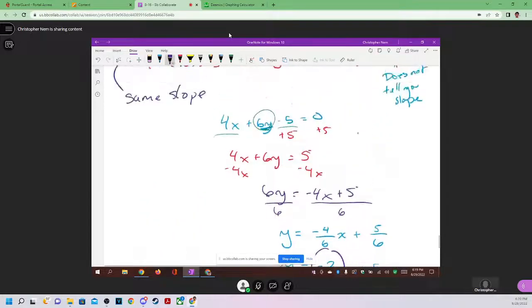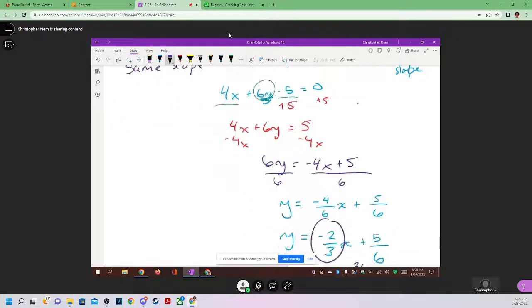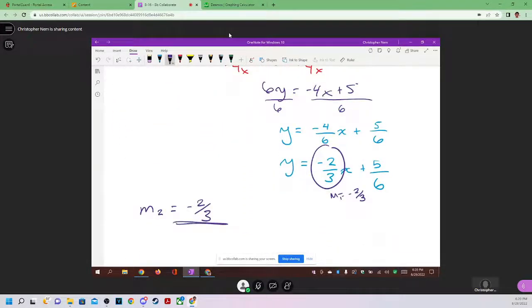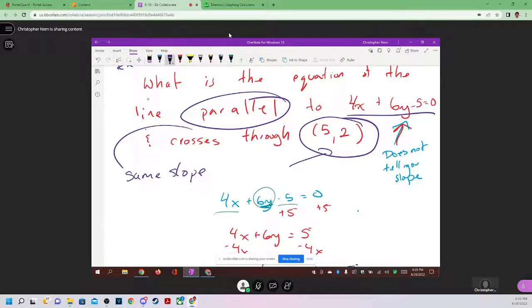Now, it needs to also pass through this point. I didn't use this guy at all through my entire problem. So how can I write the equation of the line parallel to the other line right here, but it also crosses through the point? Well, think about it. I finally have a slope. Great. What else do I have that I didn't use? I have a point.